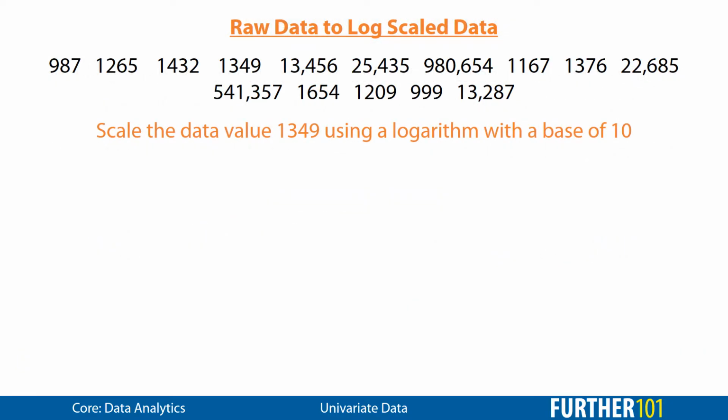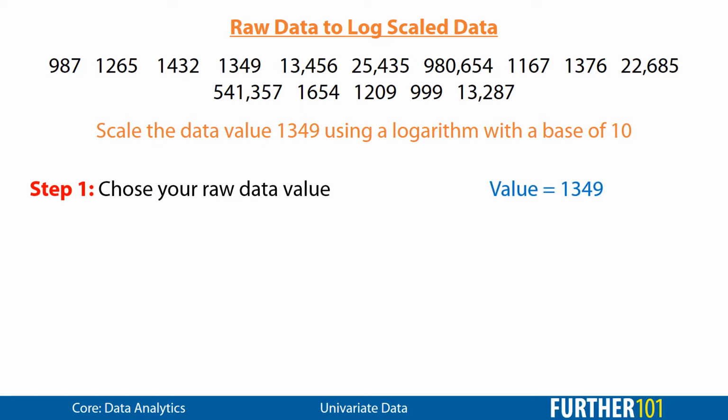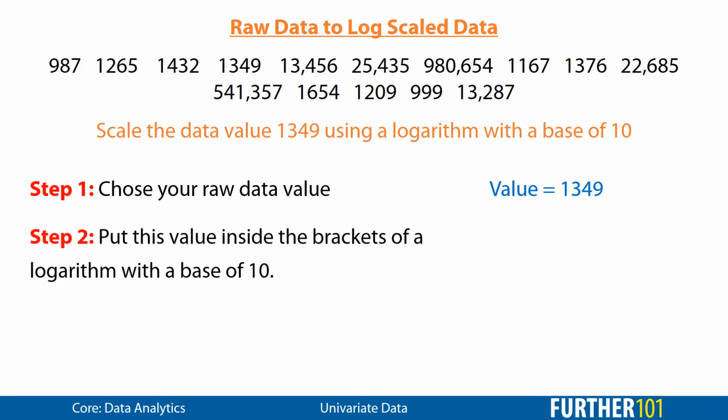So there's a 3-step process to convert a raw data value to a logarithm scaled value. We'll run through these instructions with an example. The first is to actually just take your raw data value, and in this case we'll be using 1349. We'll then put this value inside the bracket of a log with a base of 10, as we've done here.